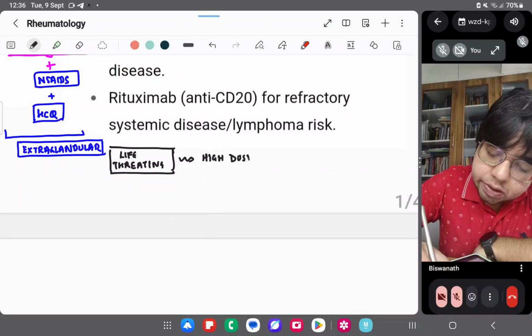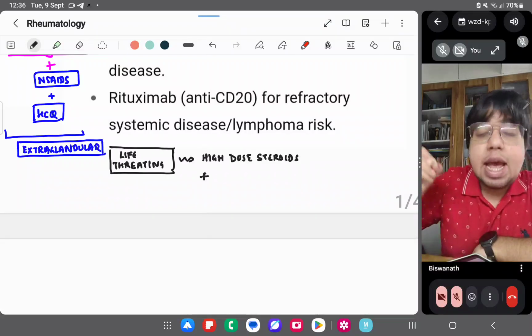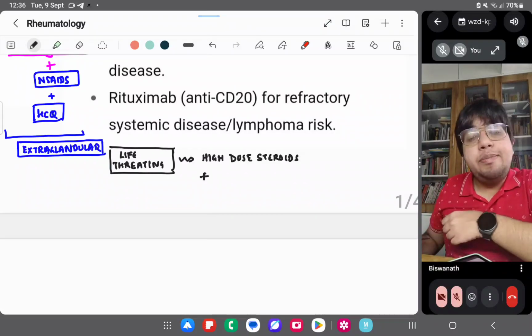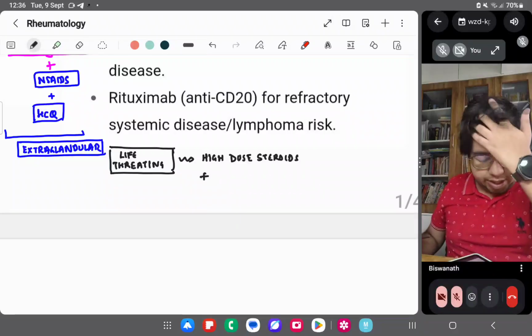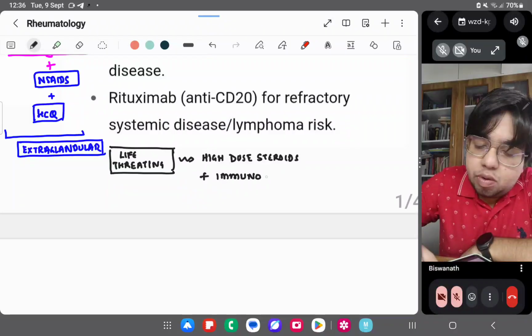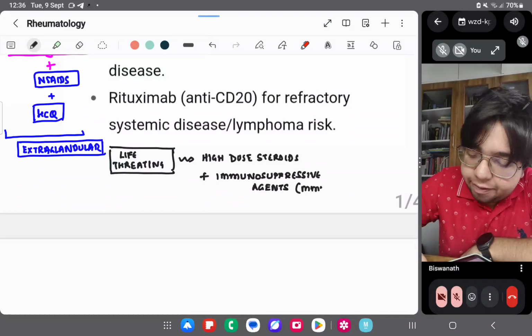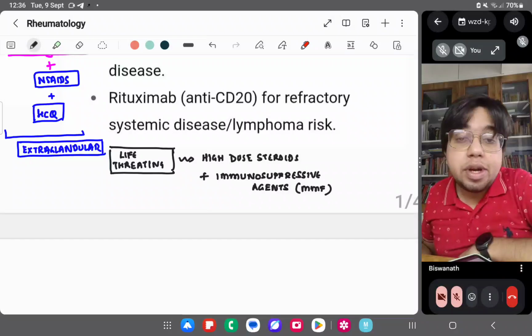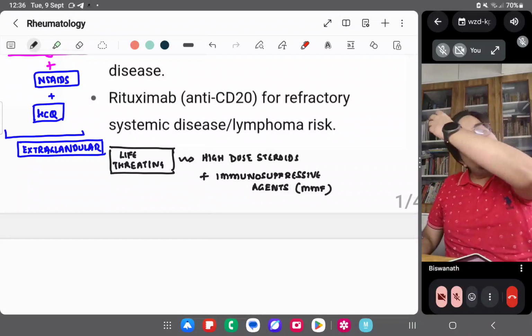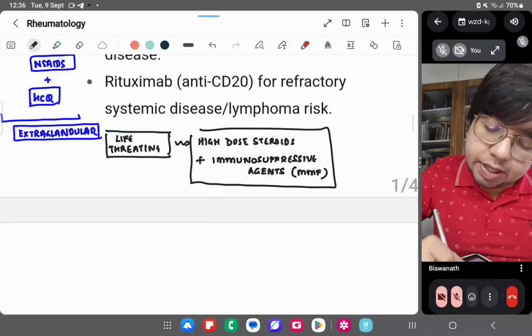Give high dose steroids, and do add immunosuppressive agents as well, such as MMF. What is MMF? Mycophenolate mofetil. You can use mycophenolate mofetil in this condition. Life-threatening: high dose steroids plus immunosuppressive agents.